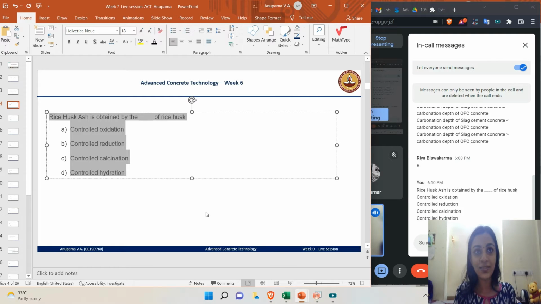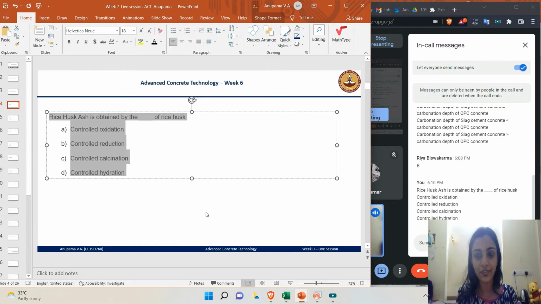In the usual cases on the open fields, it's not controlled at all; it is uncontrolled. But for laboratory, research and production purposes, rice husk ash is produced in a controlled manner. So, what is controlled?